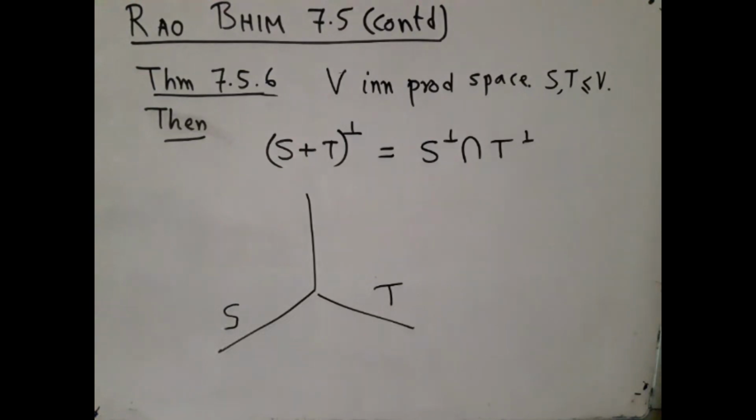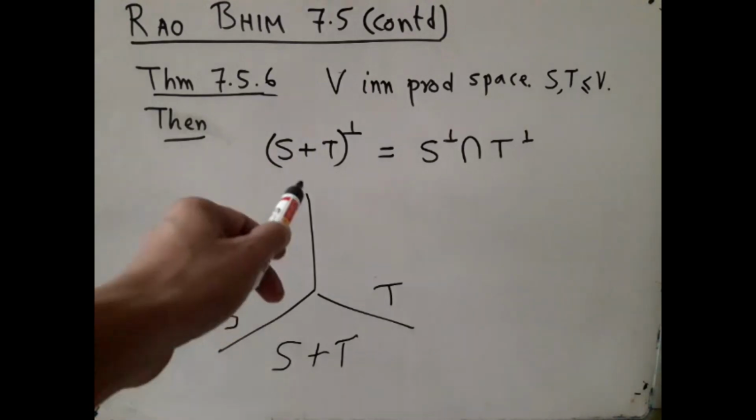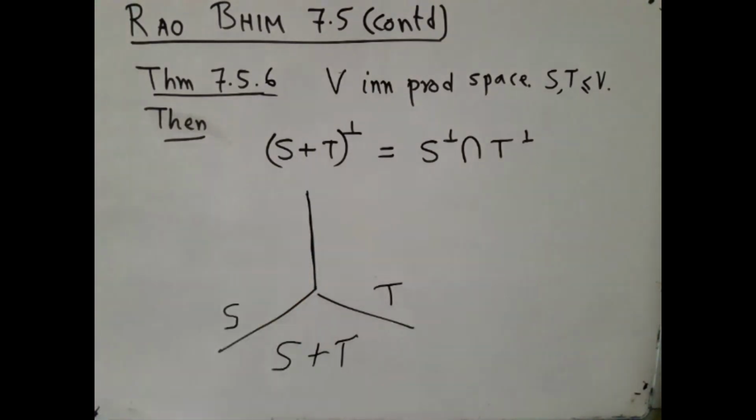Suppose we are working with V equal to R3, and the x-axis is S and the y-axis is T. Then S plus T is the entire xy plane, that is everything which can be expressed as something in S plus something in T. If I take its orthogonal complement, we know that it has to be the z-axis.